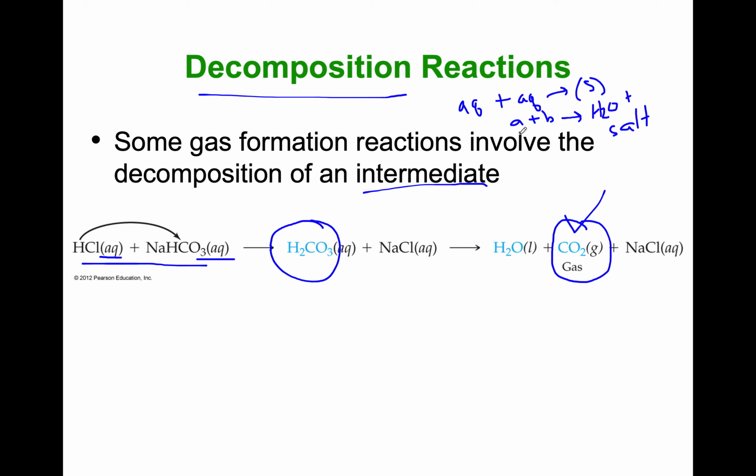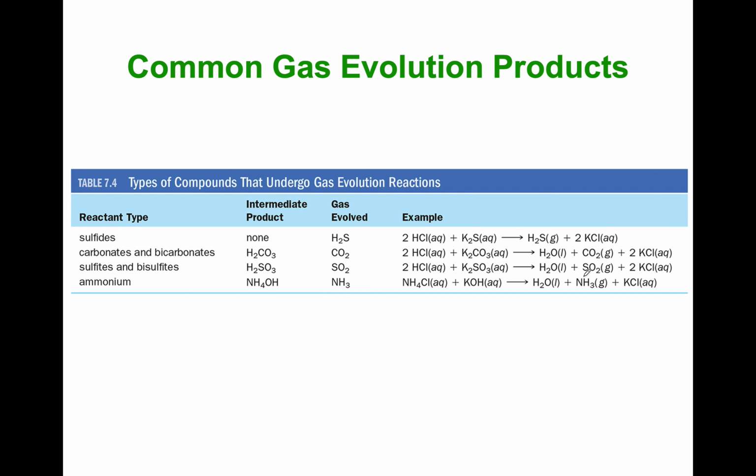Whether it's hydrochloric acid or hydrobromic acid, this is the pattern it follows. Precipitation reactions, this is the pattern it follows. And now we're looking at gases. This is the pattern it follows. It doesn't matter if it's H2S, CO2, SO2, or NH3. Remember the pattern? Aqueous plus aqueous, and then somewhere in here there should be a gas. So that's gas evolution.